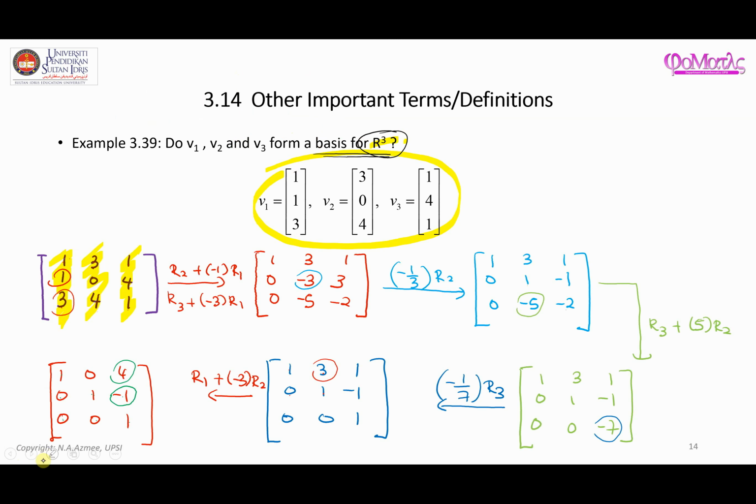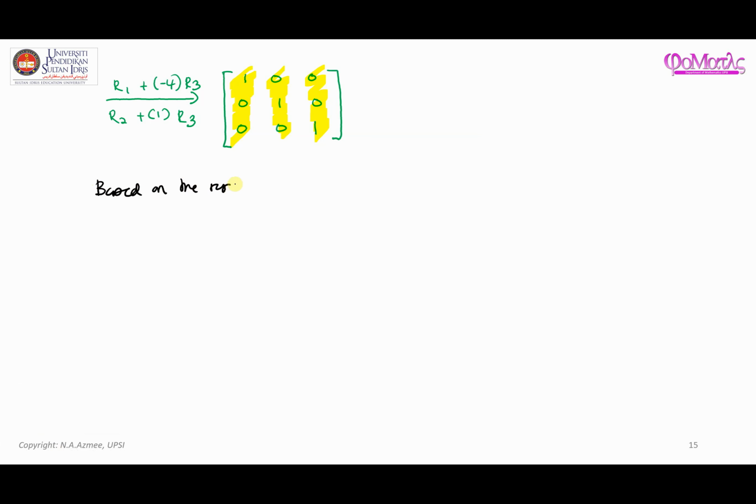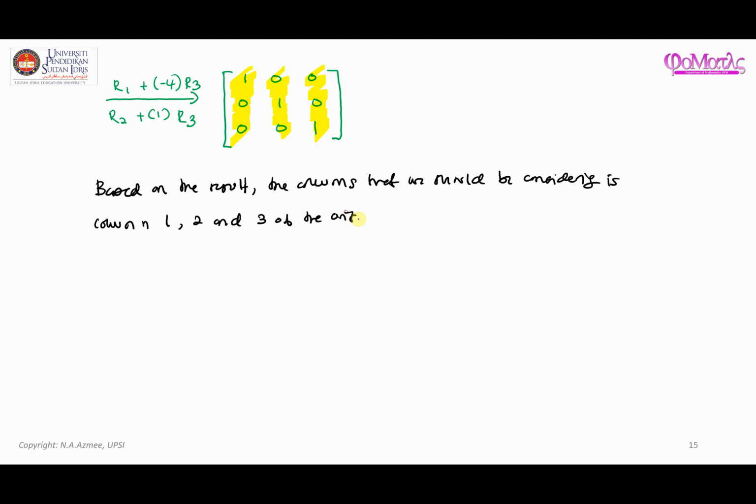Okay, so we can write down the conclusion as such. Therefore, based on the result, the columns that we should be considering are column 1, 2, and 3 of the original matrix.